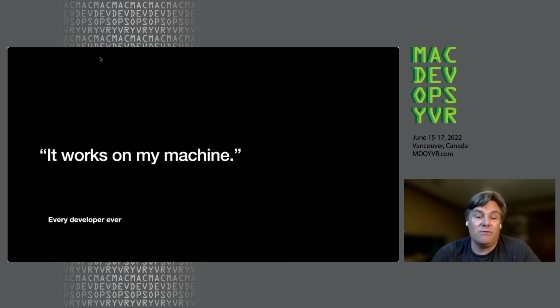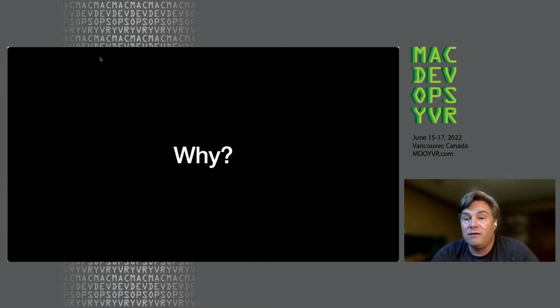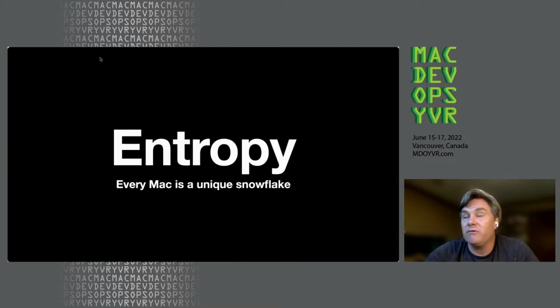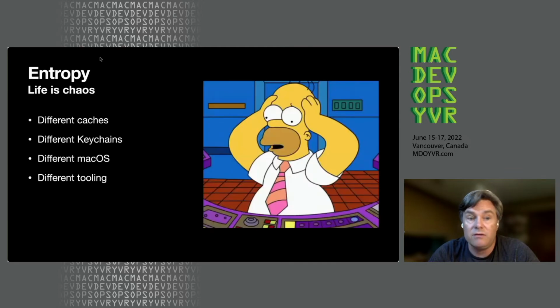And if you want to know why, it's because of entropy. It's because not every computer is the same. And developers tend to tweak machines lots of different ways so that by the time they build something, it is in nowhere near any kind of configuration that your machine is going to be in, or the QA machines are going to be in. Because in this way, there's all kinds of different stuff.